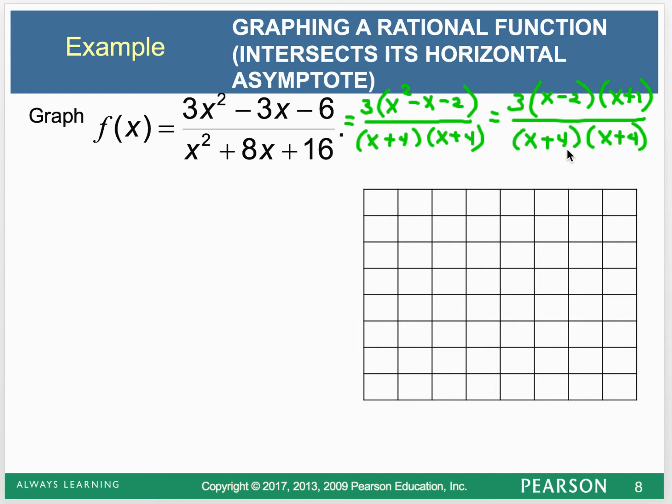Now finding the vertical asymptotes, it's when the denominator equals 0. Well, x equals negative 4. For horizontal asymptotes, I compare the degree of the numerator with the degree of the denominator. Since they're the same degree, y equals 3 over 1 is going to be my horizontal asymptote.